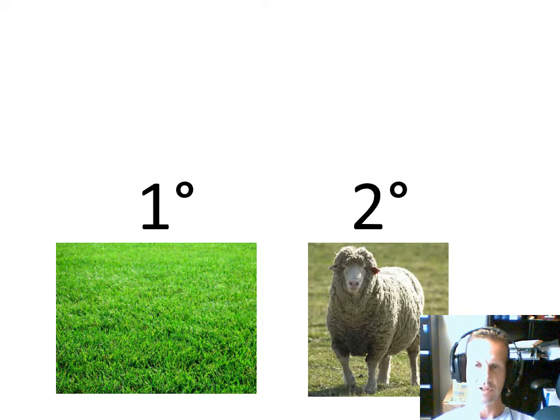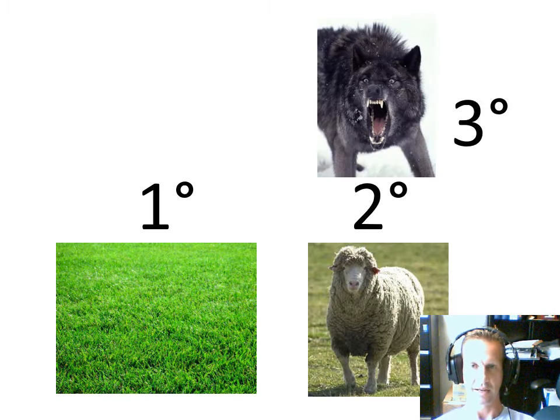You could imagine extrapolating this up further to higher levels of production, like with a 3 and a degree symbol, you'd call this tertiary production. And here's a fierce wolf, an animal that eats sheep, at least in fairy tales.